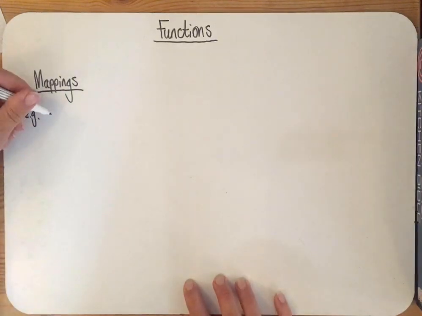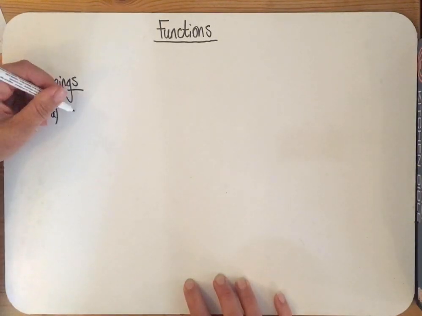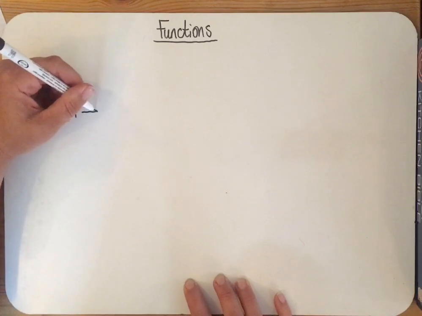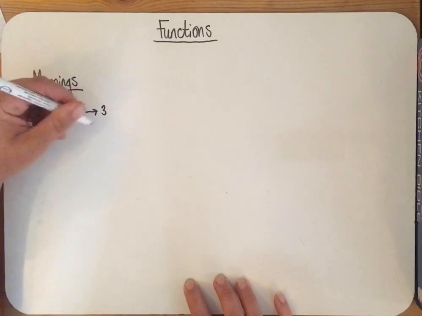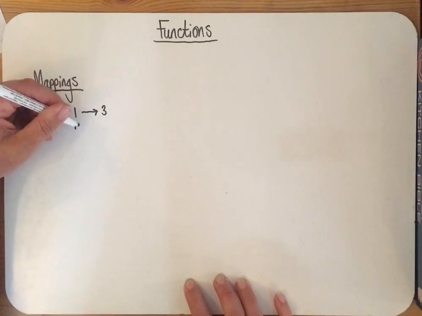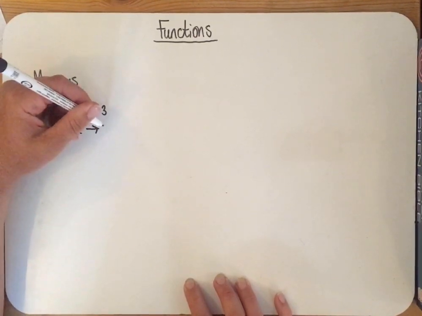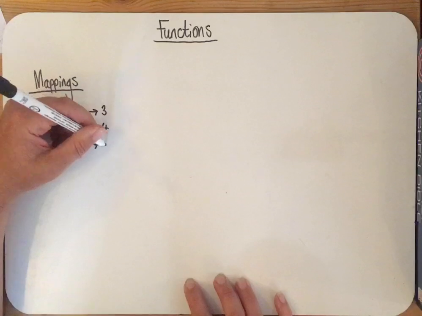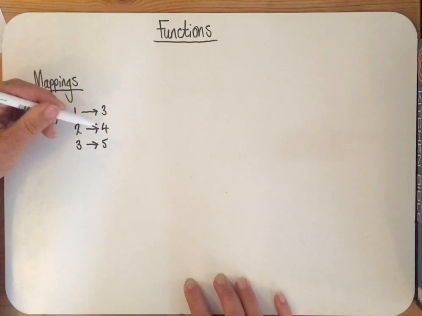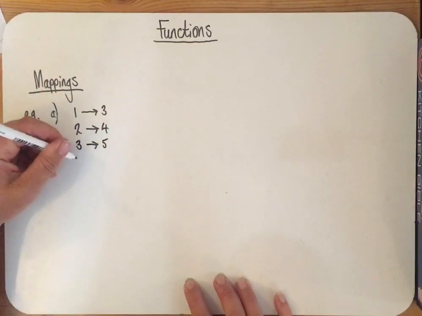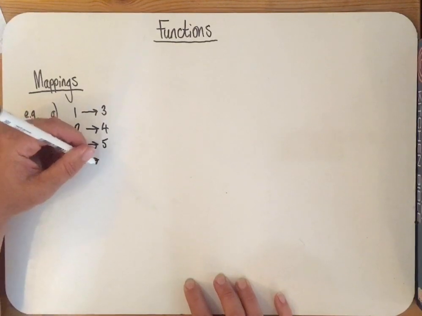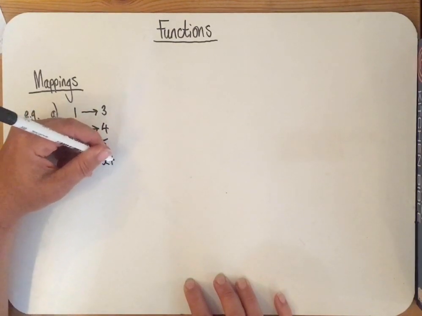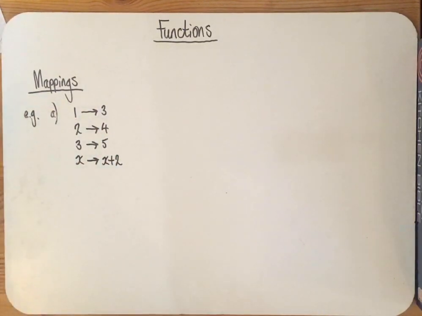So there's 4 types. An example of the first one: 1 is mapped to 3 by some sort of rule. 3 goes to 5, and so you can see that we're just adding 2 each time, and so x will map to x plus 2.